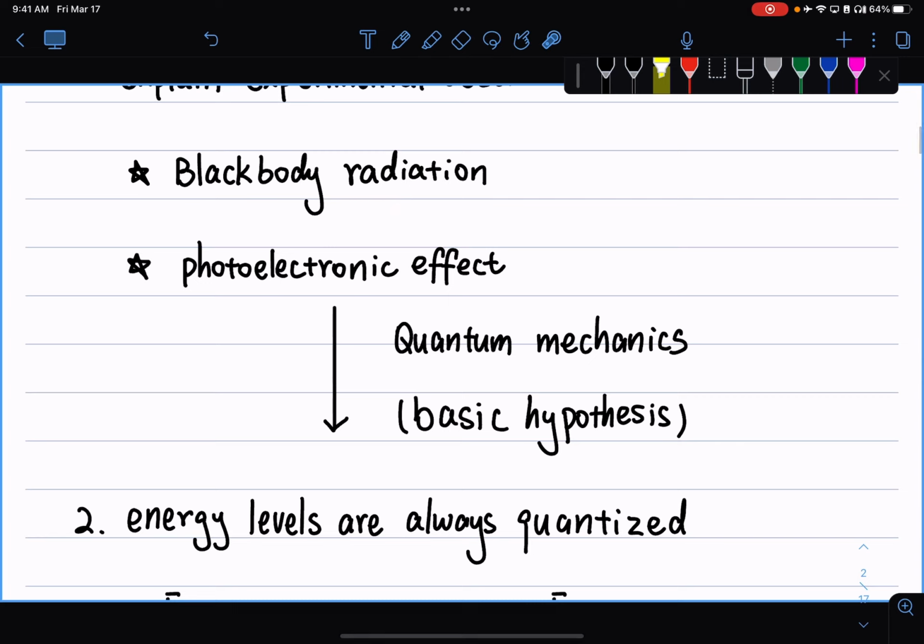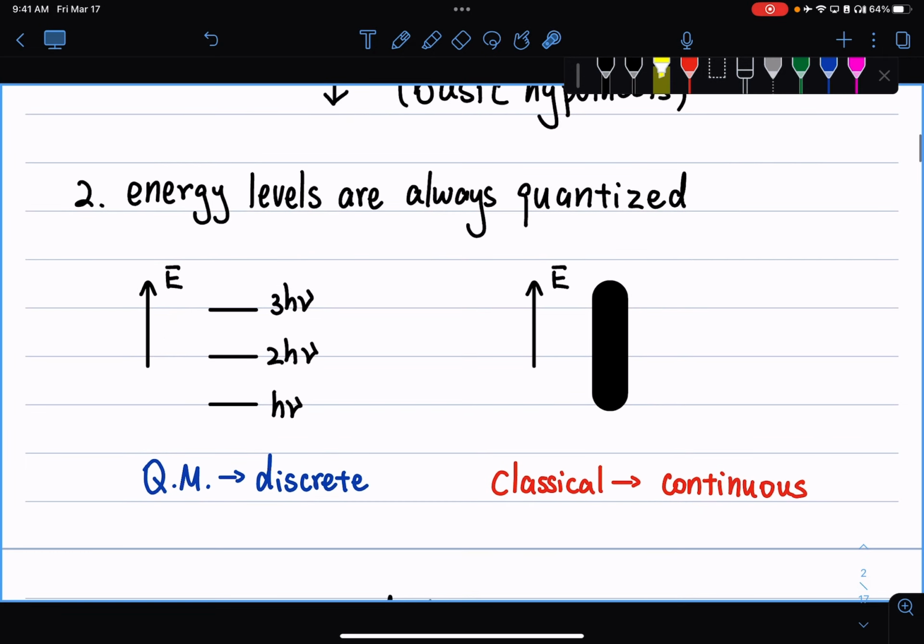So in the blackbody radiation, in that entire lecture, the take-home message is that energy levels are always quantized. So in the classical picture, when we look at the energy, you're thinking about it as a continuous relationship. It's like if I have some marker here and I drop it, the force or the energy associated with that process is continuous in the classical picture.